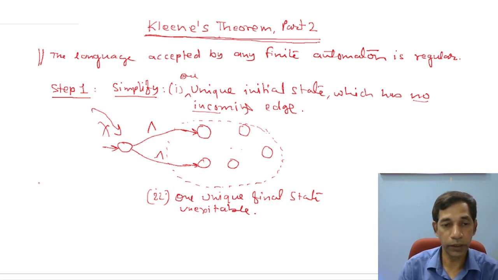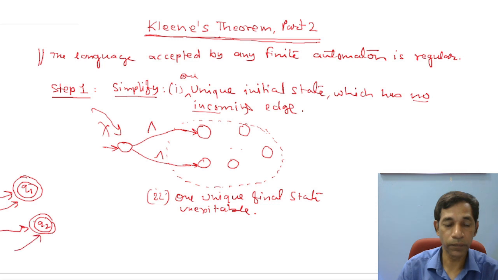So in this simplification, we are saying that if you have more than one final state, say q1 is a final state and q2 is also a final state, and you may have more than two also. Some edges may be coming into these final states, and some edges may also be entering, incoming.